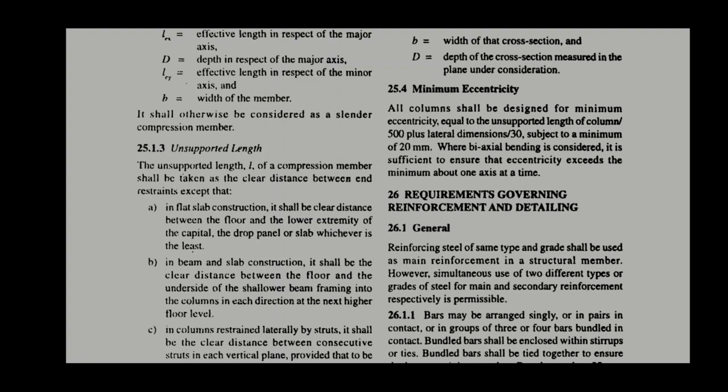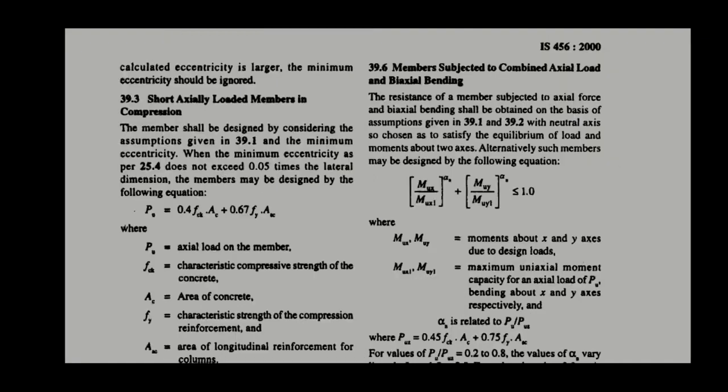After reading out all considerations of IS 456, we will see the formulated format of this. That is L by 500 plus D by 30 greater or equal to 20 mm, whatever is written here. So let's continue clause number 39.3. As per clause number 39.3, the formula is Pu equals 0.4 fck into Ac plus 0.67 fy into Asc.